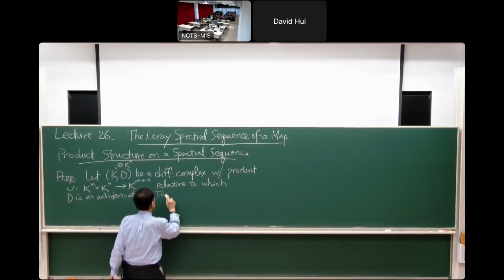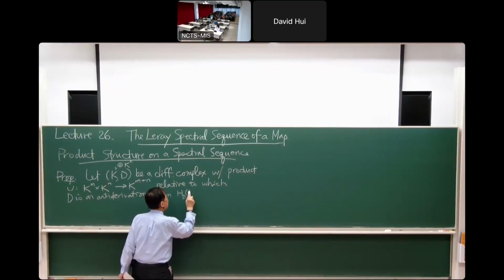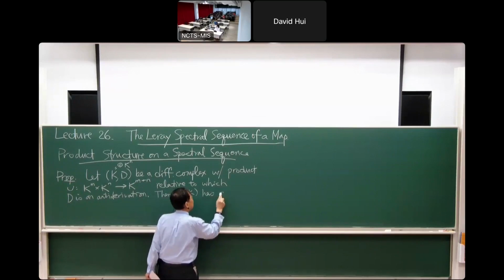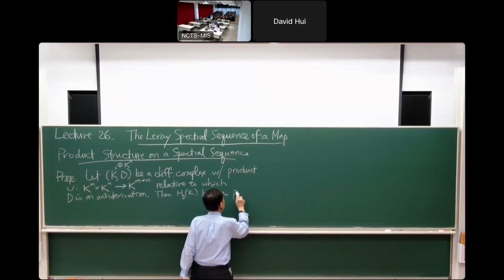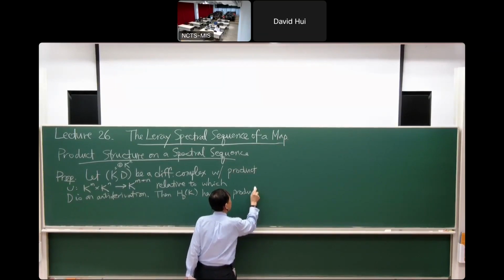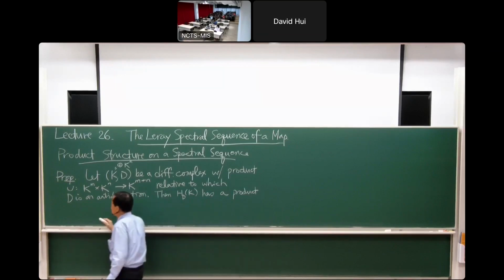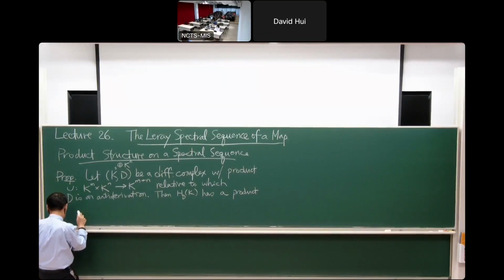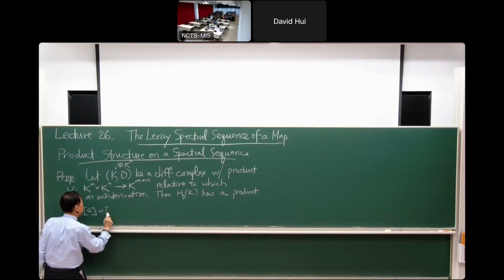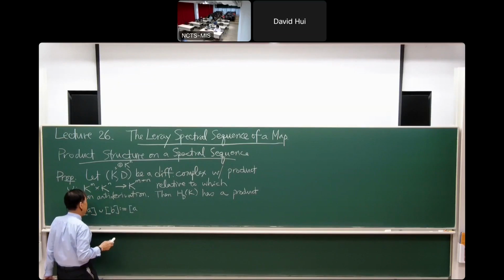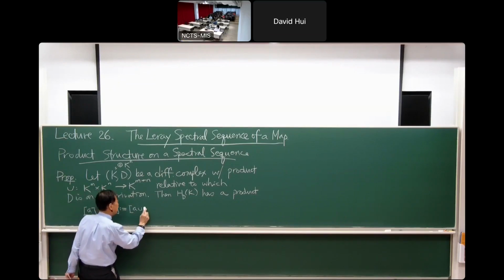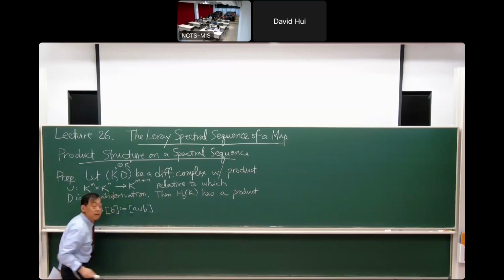Then the cohomology has a product induced from the cup product. So if you take the class of A and you cup it with the class of B, that is defined to be the class of A cup B.